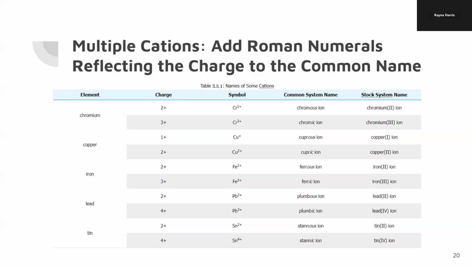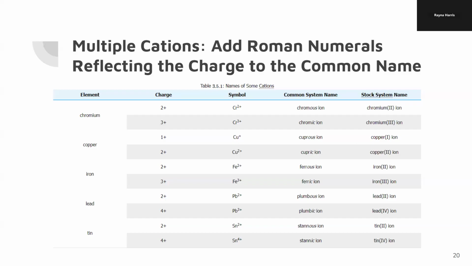So copper, what row is copper in? Copper, Cu, is in the 4th row, so it has 1, 2, 3, 4 shells. If we write the electron configuration for copper, starting with the 4s, it has 2 in the 4s.